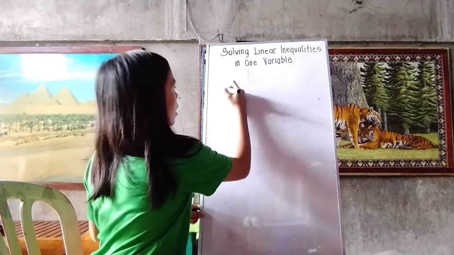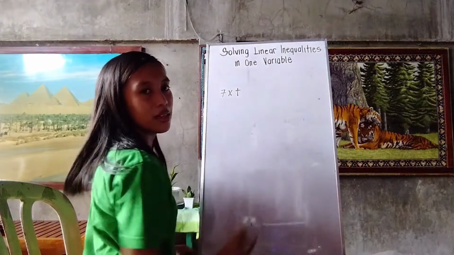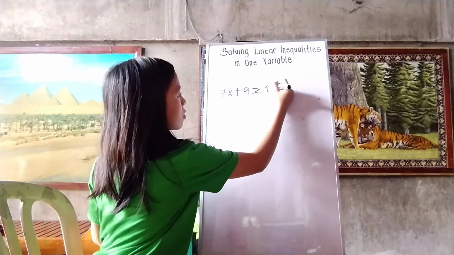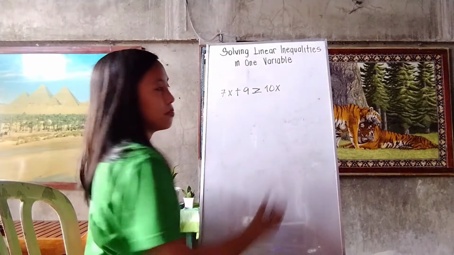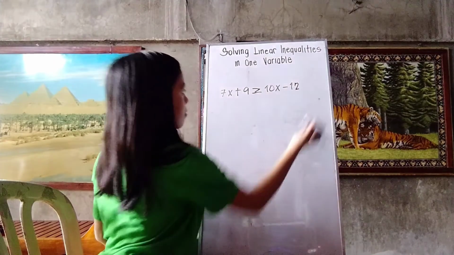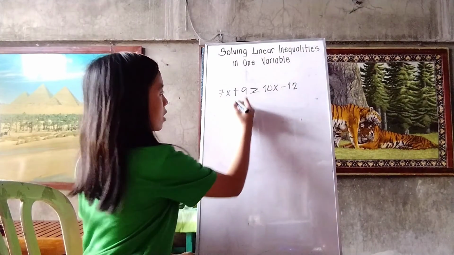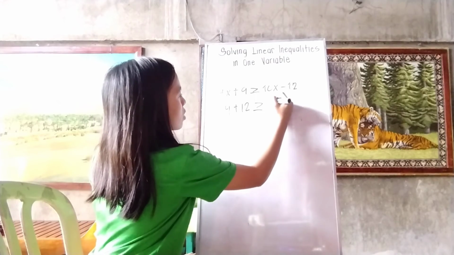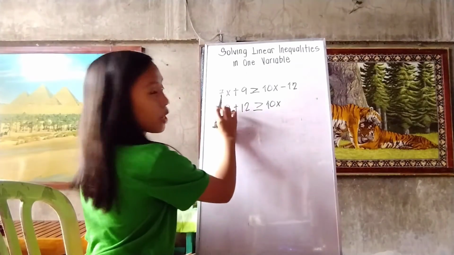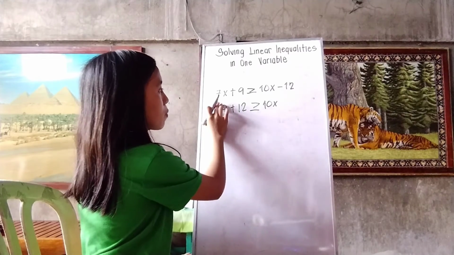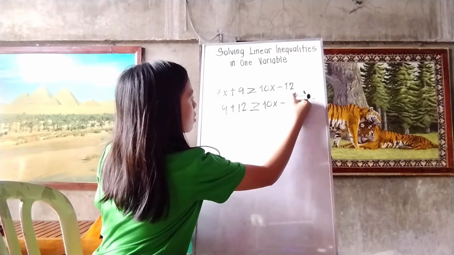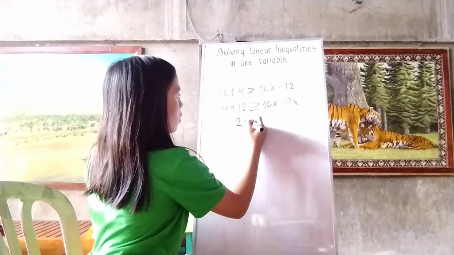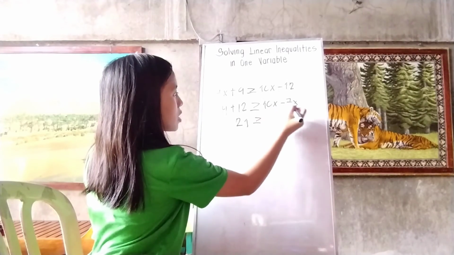We are going to transpose the negative 12 to the 9, so 9 plus 12 is greater than or equal to 10x, and we copy the 7x and transpose it here. 9 plus 12 is equal to 21. 21 is greater than or equal to 10x minus 7x, which is equal to 3x.